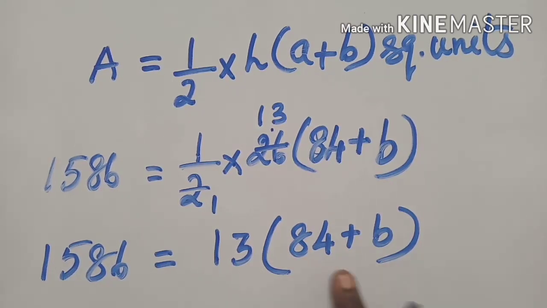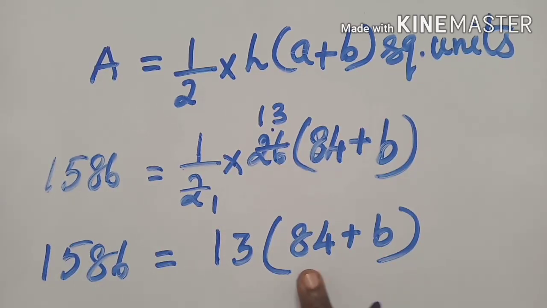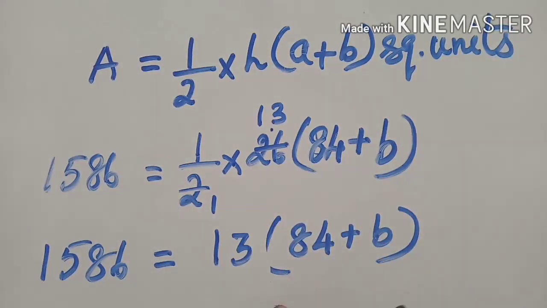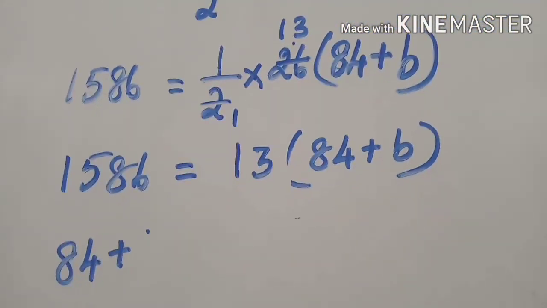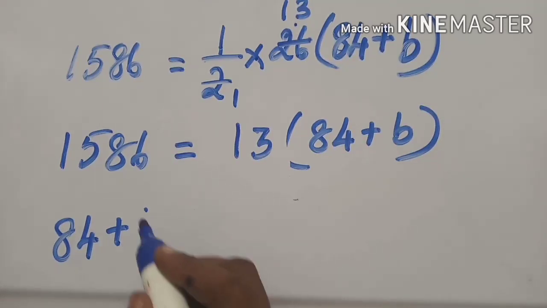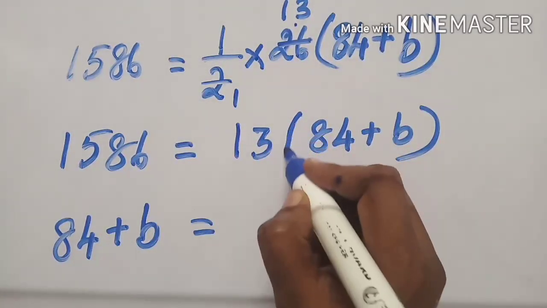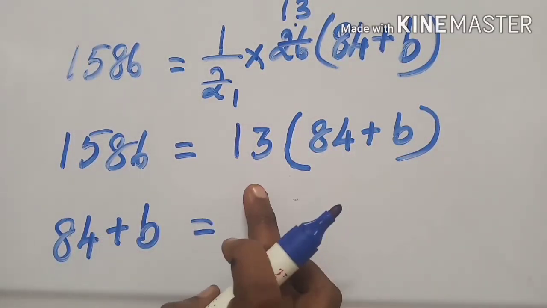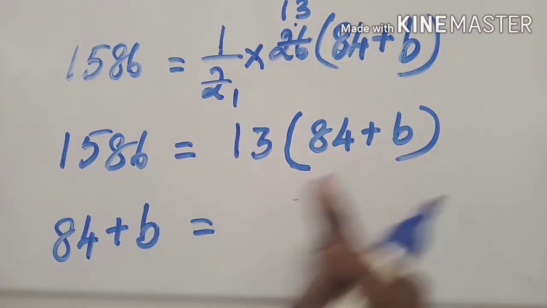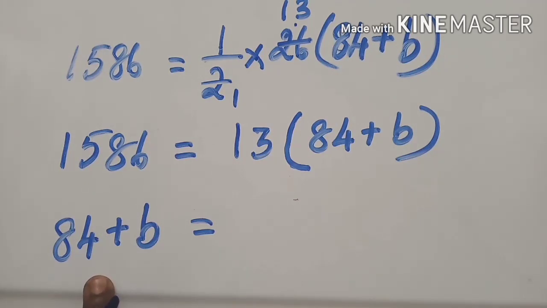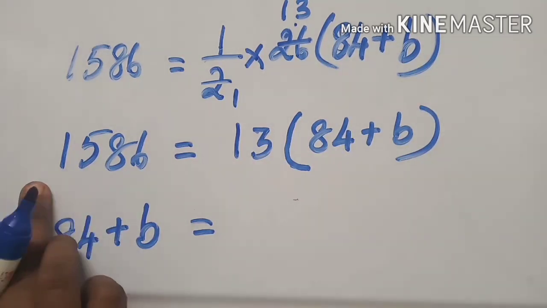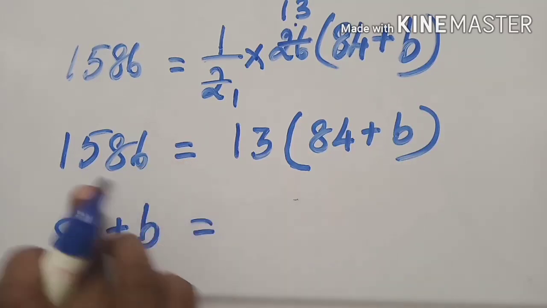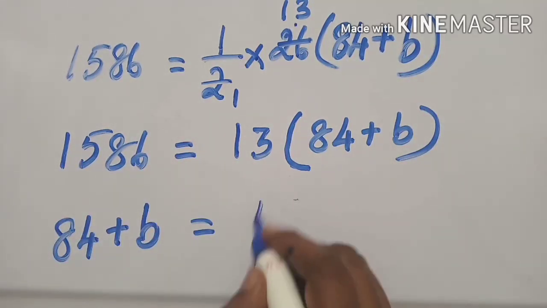Actually, here we have to find the value of B, the other parallel side, isn't it? So now what I am going to do, I will bring this part to the left hand side, 84 plus B is equal to, and move this number 1586 to the right hand side.